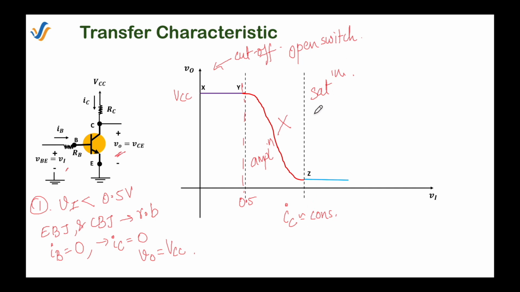In the saturation region, both the emitter base and the collector base junctions are forward biased. Hence here, is the switch open or closed? It is closed, because we are getting a constant current. So up to this point I have explained that the BJT works as an open switch in the cutoff region and a closed switch in the saturation region.